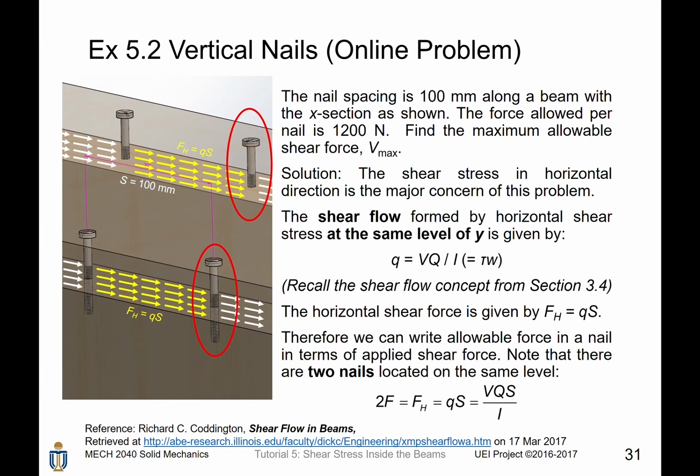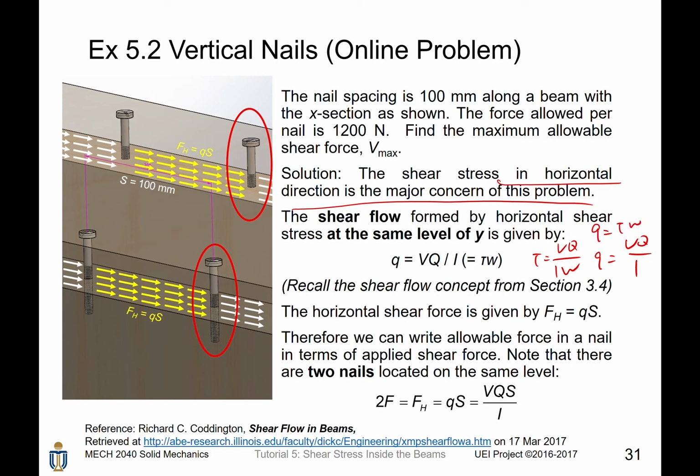Here, let's introduce the concept of the horizontal shear flow as well as the nail spacing. The shear stress in the horizontal direction is the major concern of this problem instead of the vertical one, okay? The shear flow formed by the horizontal shear stress at the same level of y is given by q equals VQ divided by I. You can see that tau equals VQ divided by Iw and q equals VQ divided by I, which means q equals tau times w.